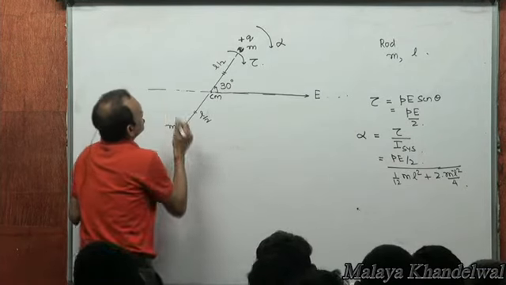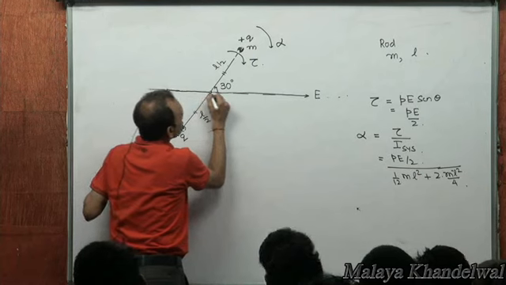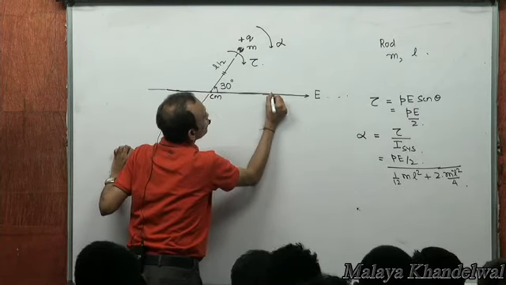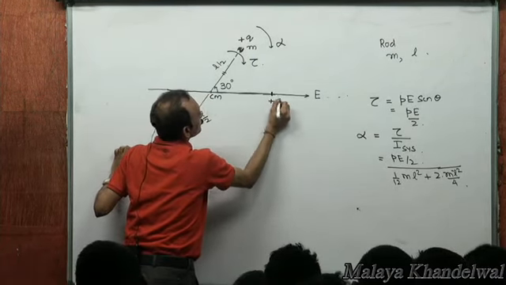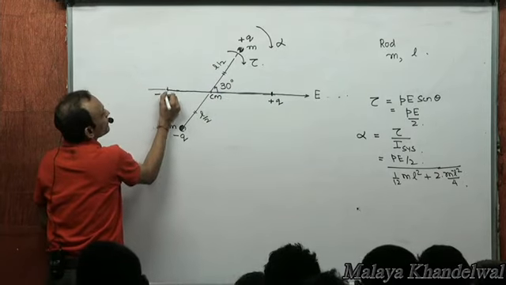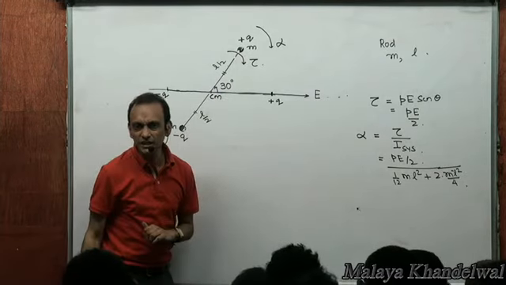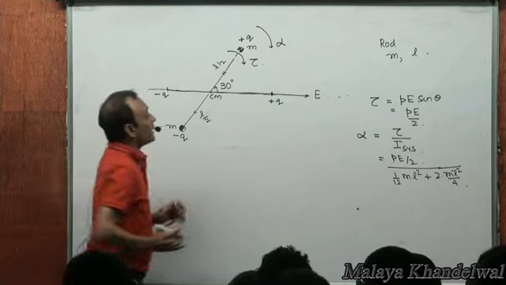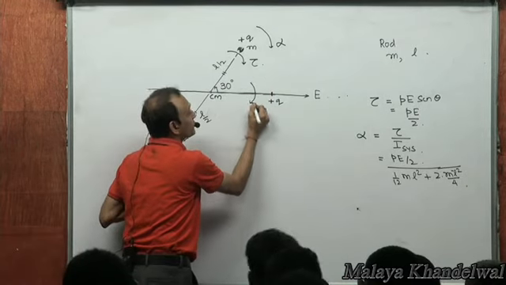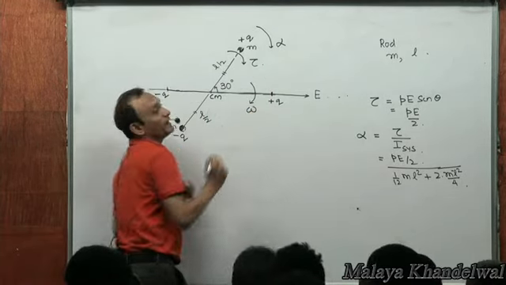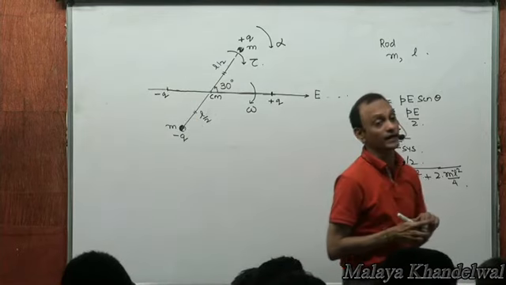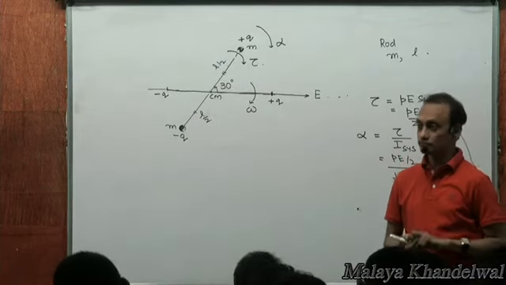After a while, it will get into its state of lowest potential energy, theta equal to 0, and it would have acquired an angular velocity omega. The rod would have acquired an angular velocity omega.